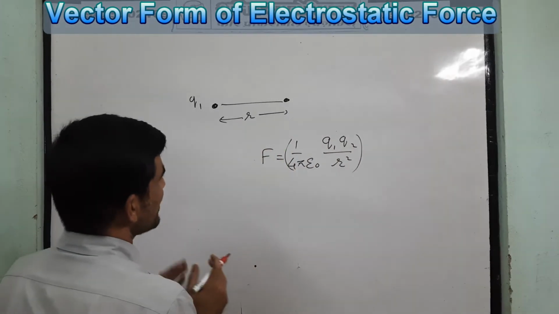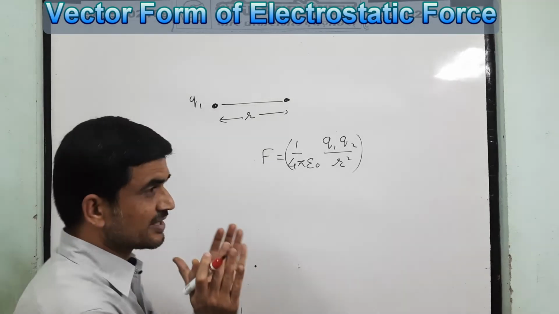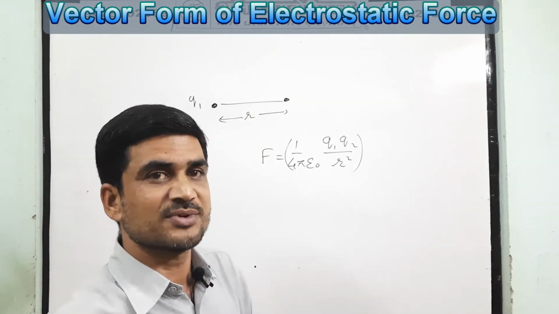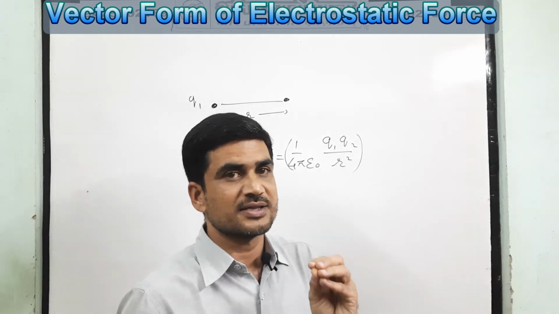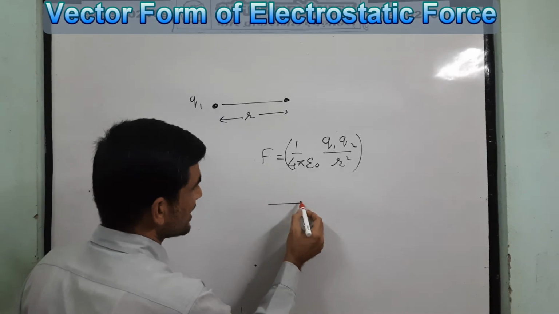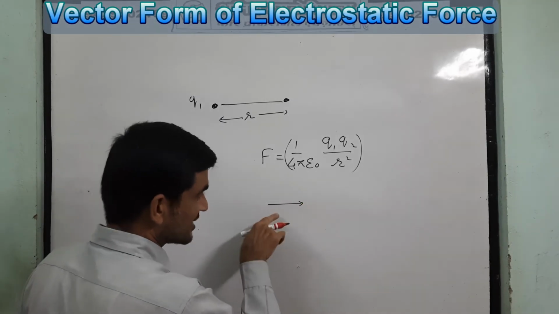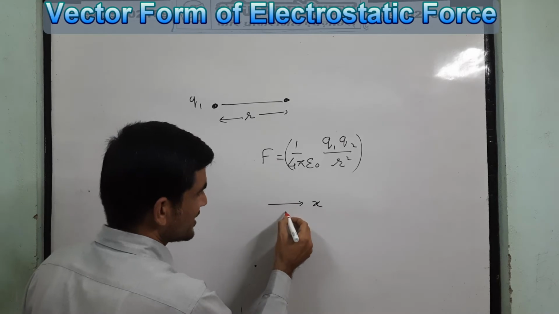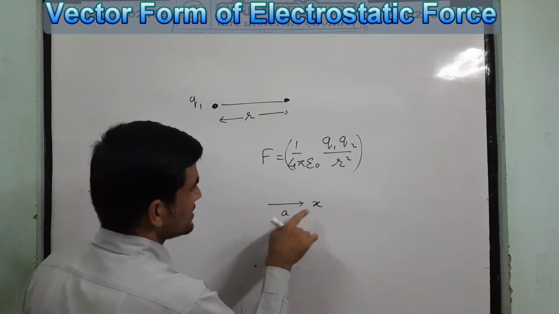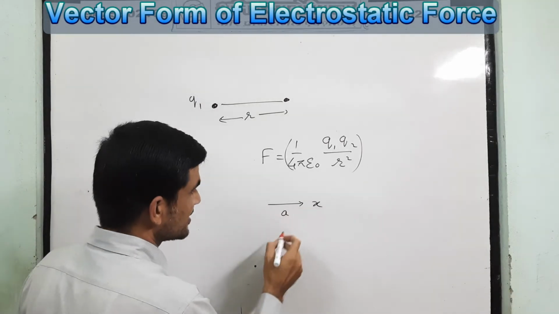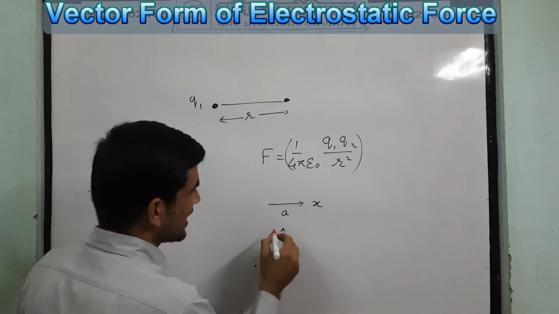If you have any vector quantity having a particular direction, say in the direction of x, and its magnitude is a, moving towards the x direction, you will write a i cap.